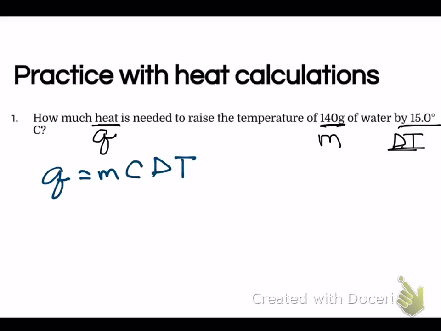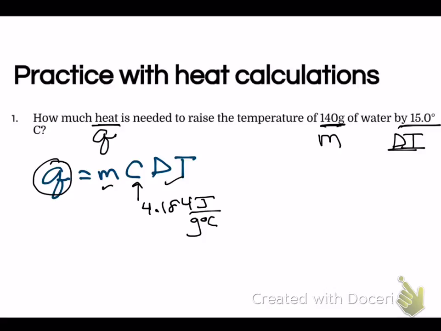Okay, so what I already know, just by reading the question carefully, is that I'm looking for this one, so that's what we're after. I have this one, and I have this one. And secretly, this is just a constant, so secretly I have this value as well. It comes from the prior slide. It's our definition for the heat capacity of water.